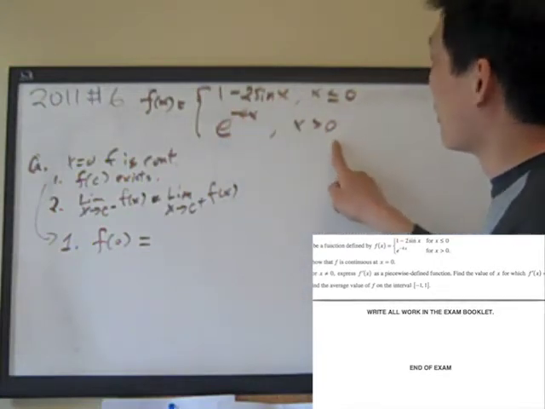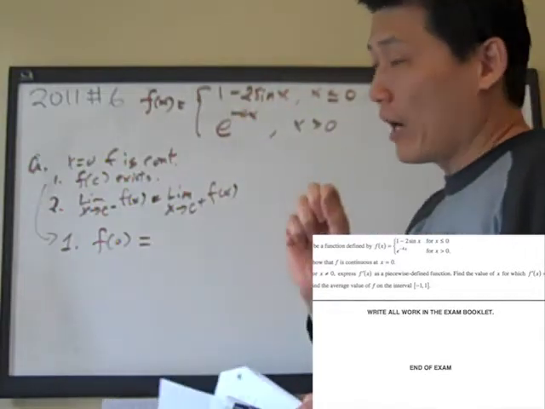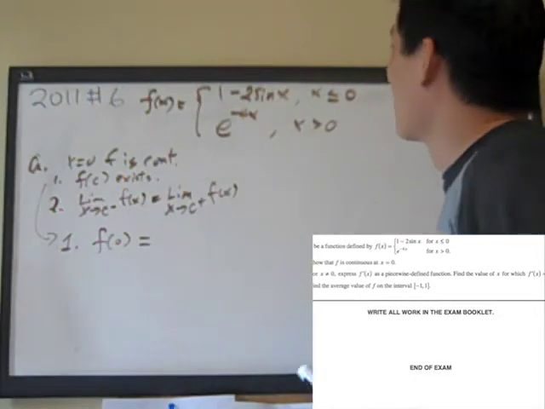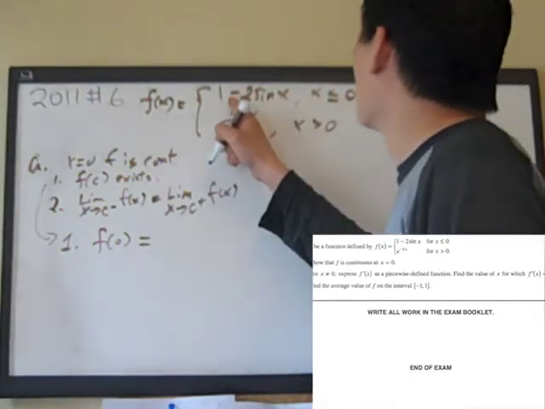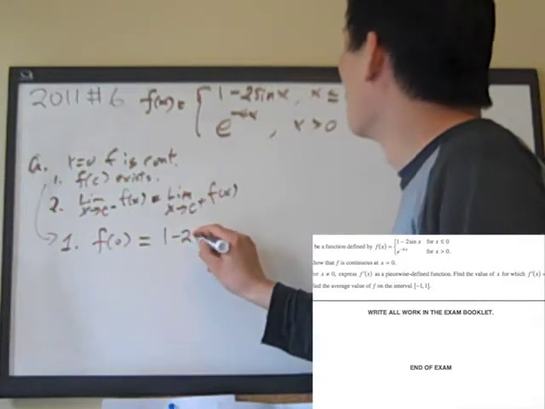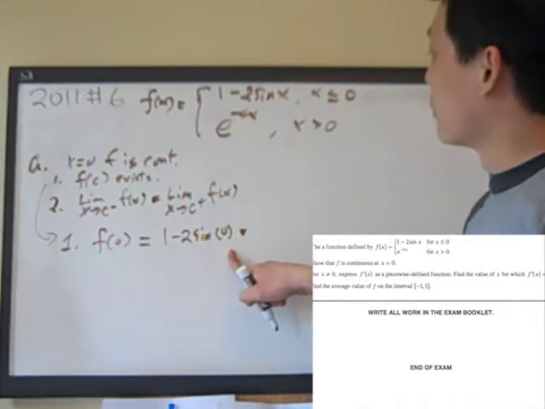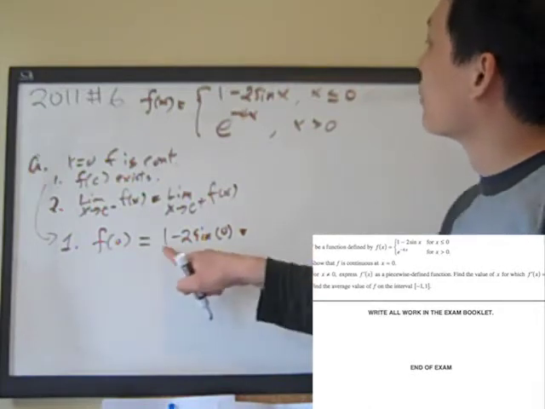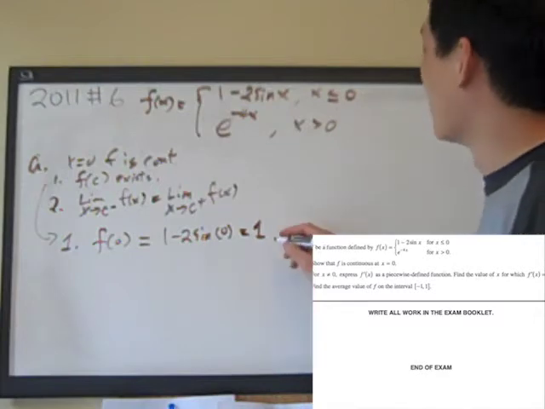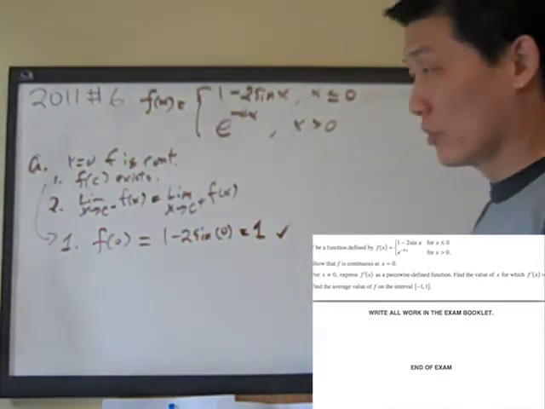So we put 0 in here and see if we have a value. 1 minus 2 sine 0. Sine 0 is 0, so 1 minus 0 is 1. So f of 0 is 1. Check, f of 0 exists.